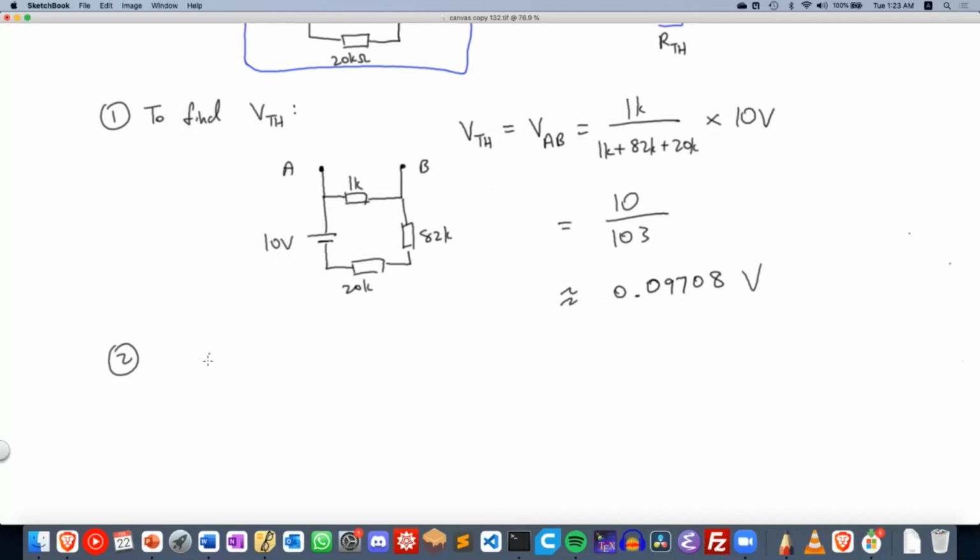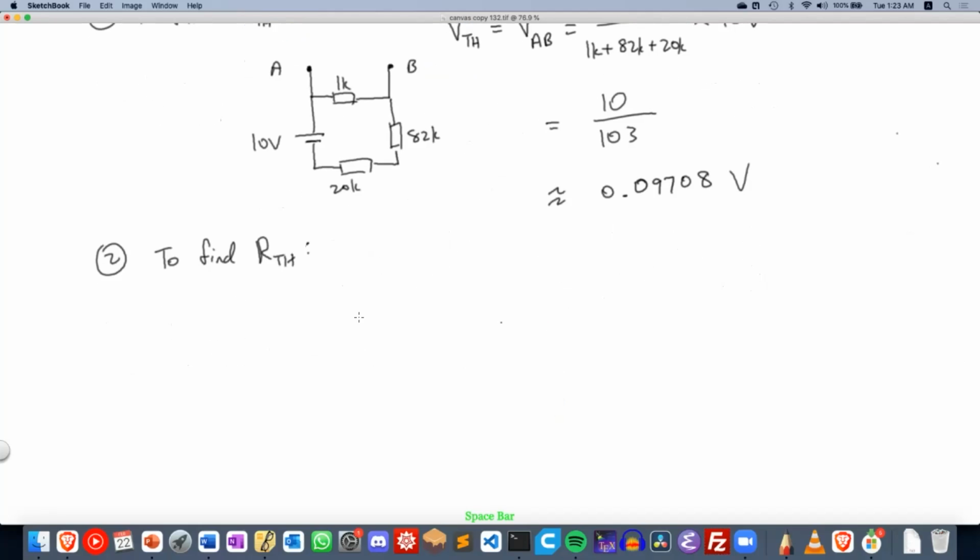The next step is to find the Thevenin resistance, RTH. First of all, we disconnect the load from AB again, but this time, on top of that, we are going to remove the battery as well.